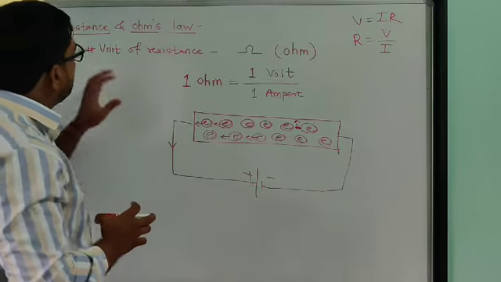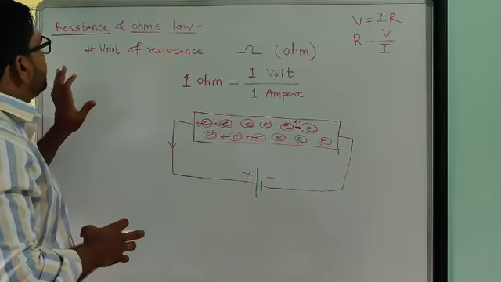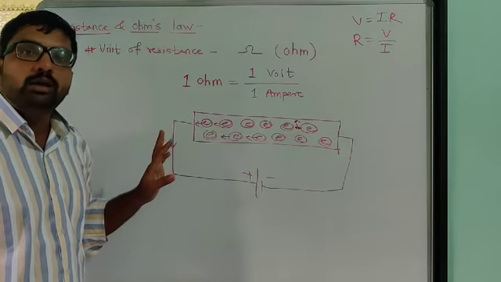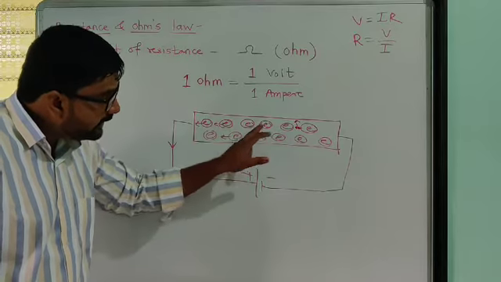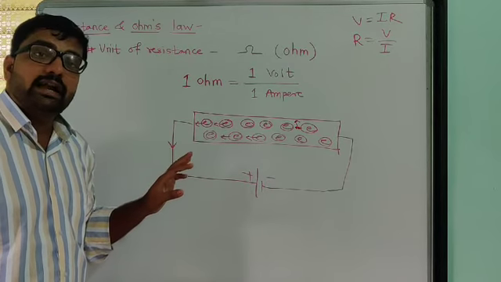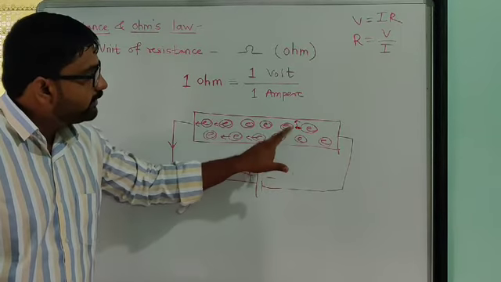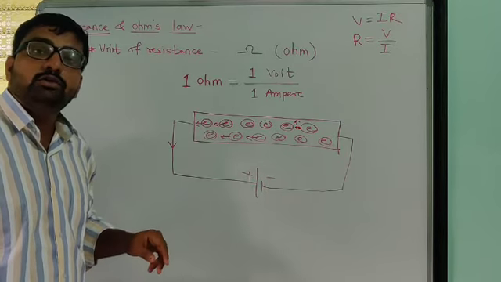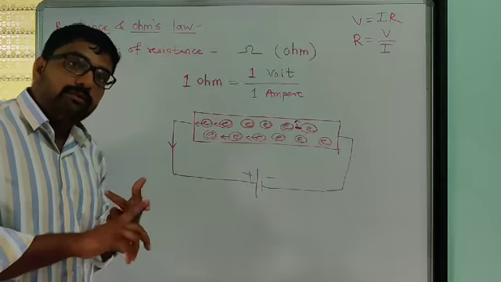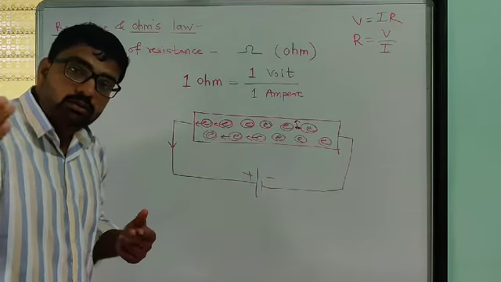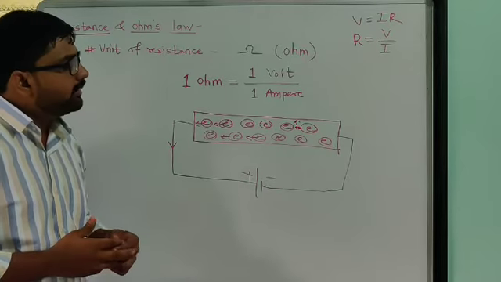Here some opposition takes place to the motion of these electrons when they are moving. The opposition to the motion of electrons takes place due to the presence of atoms and ions in the path of the electrons.